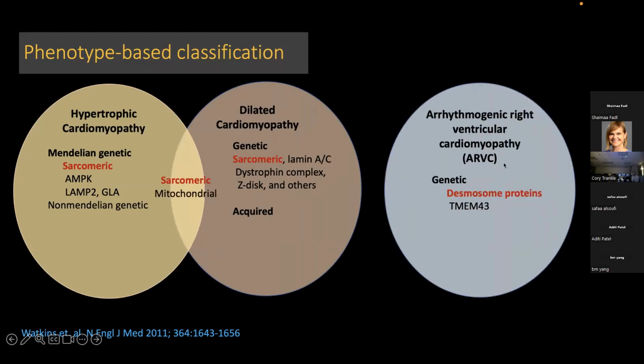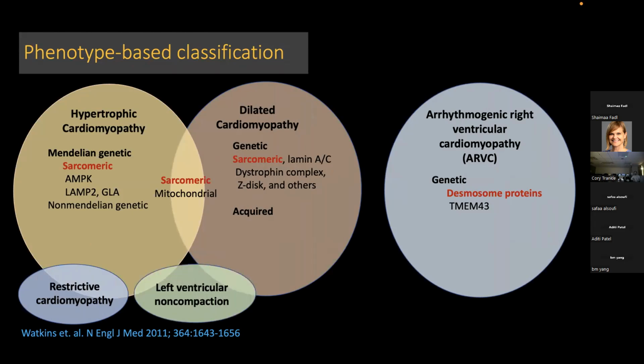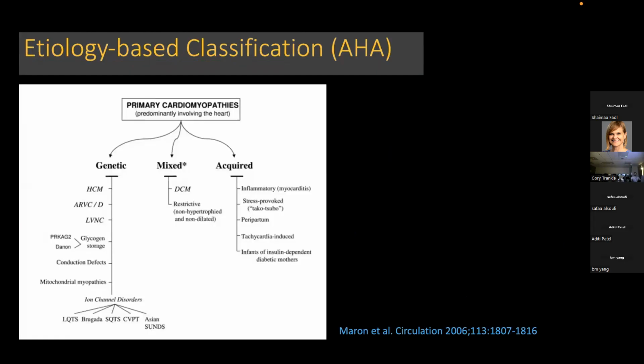Some have just a normal wall thickness, but just arrhythmogenic cardiomyopathy. Some have normal wall thickness, but not well contracting or have strain abnormalities like restrictive cardiomyopathy. Left ventricular non-compaction is overlapping also between some of the other morphologic classifications.